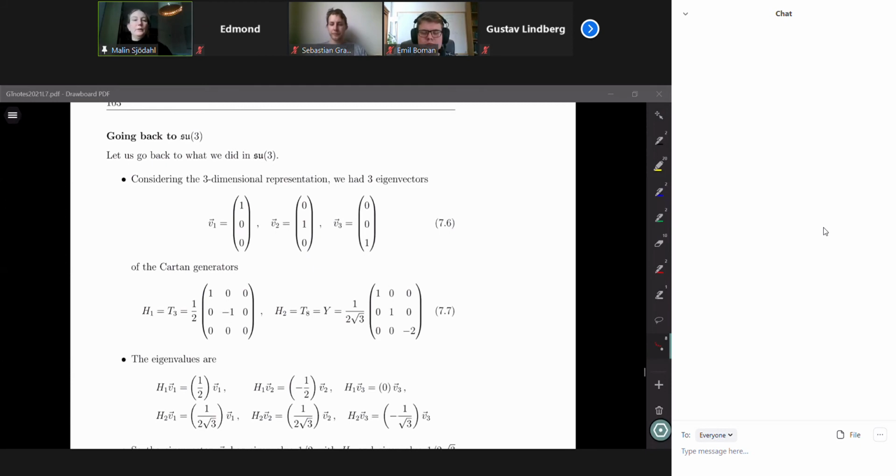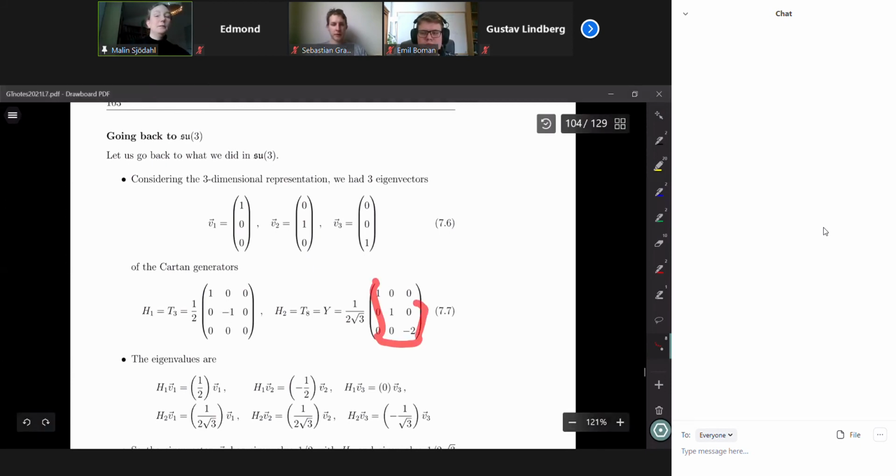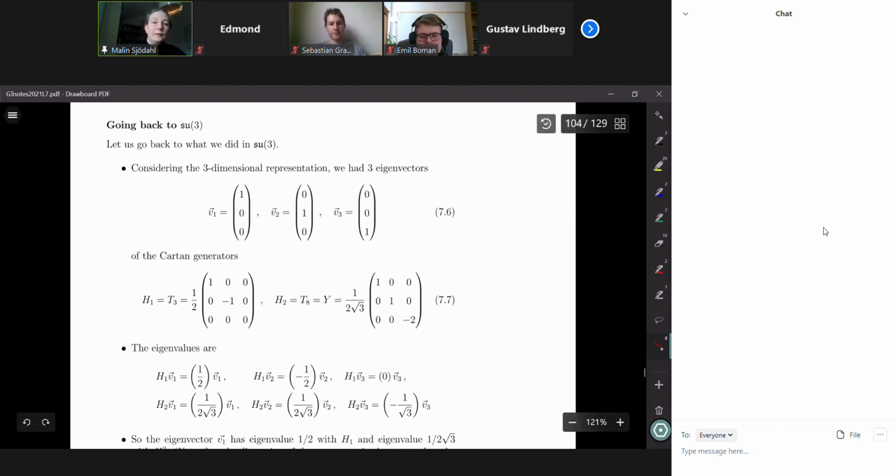So for SU3, we had three-dimensional generators, and we had states V1, V2, and V3. We could say that they correspond to color red, green, and blue if we think about QCD. These states are eigenstates of the diagonal generators, so the Cartan generators, the simultaneously commuting generators.